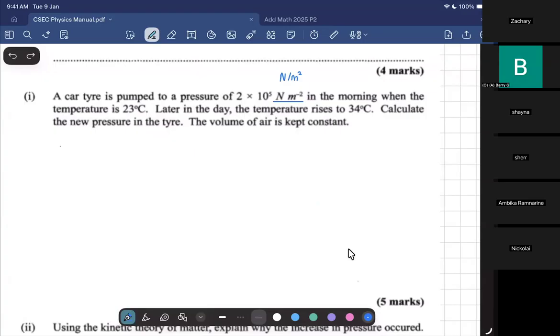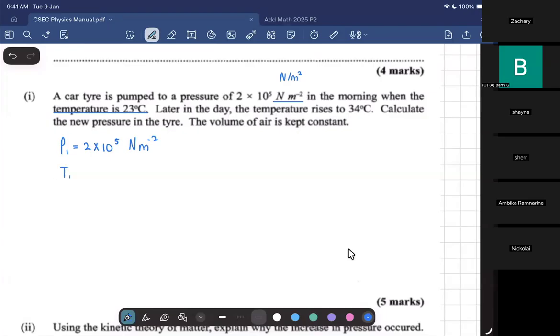Let's call that P1. So P1 is equal to 2 by 10 to the power 5 Newton per meter squared. And this is the pressure when the temperature is 23 degrees Celsius.